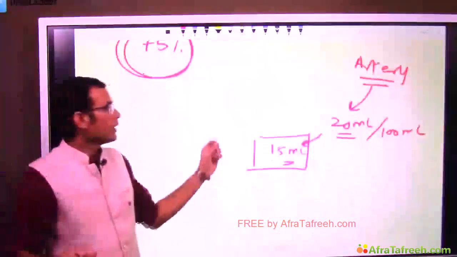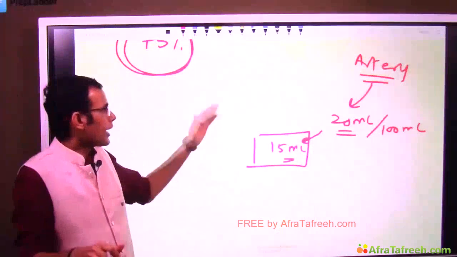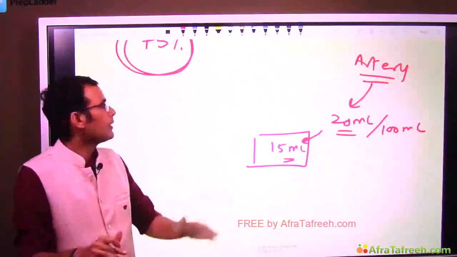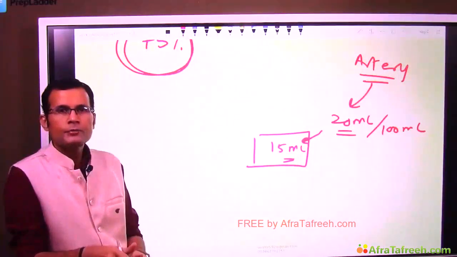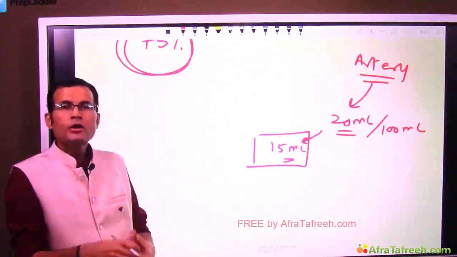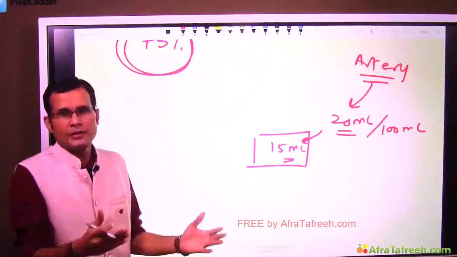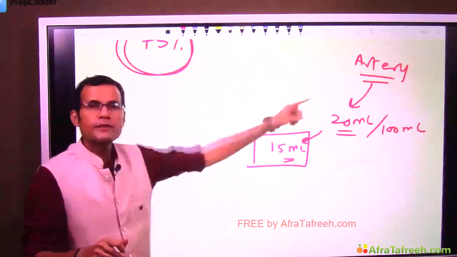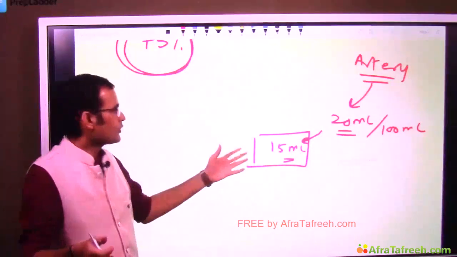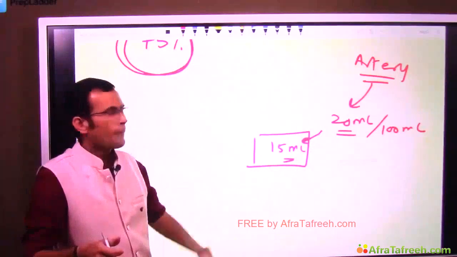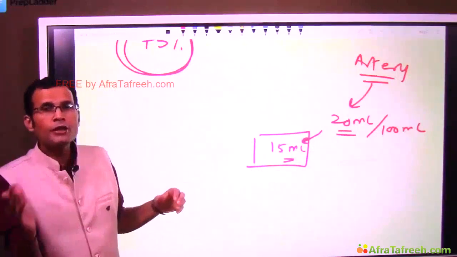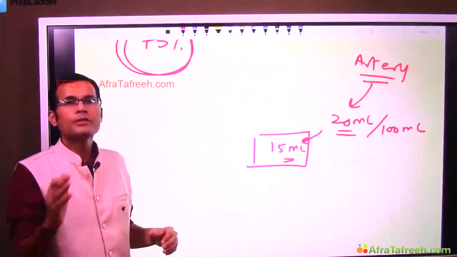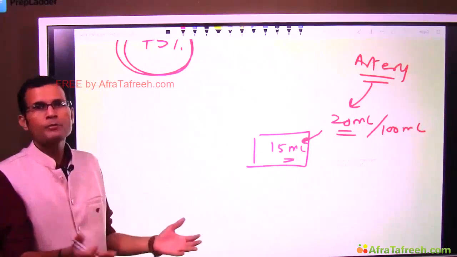The heart is already extracting 75% of the oxygen coming to it. Therefore, when the need increases, the blood flow itself will have to increase, because it does not have the oxygen reserve. And if the blood flow does not increase proportionately, then the problems will start.